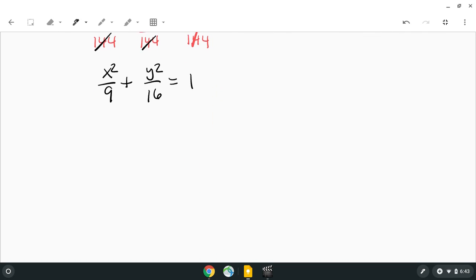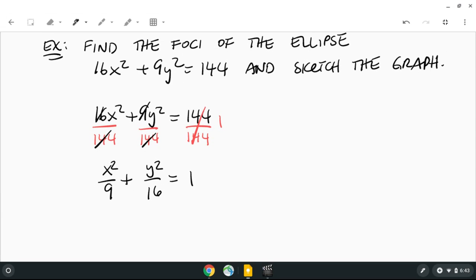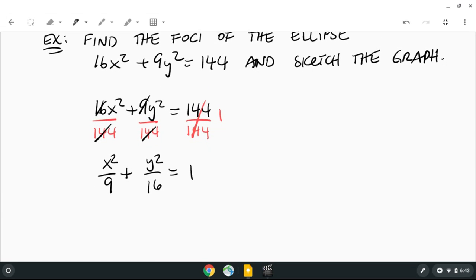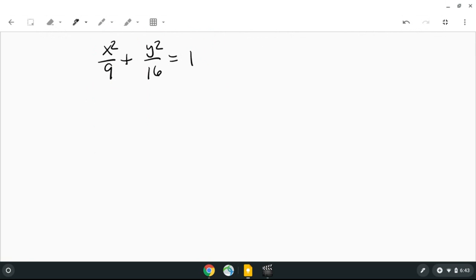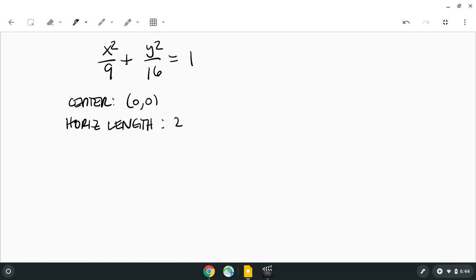So now what am I supposed to do? Find the foci of the ellipse and sketch it. We know that the center is at 0, 0. We know that the horizontal length is square root of 9 times 2, so that's 2 times 3.